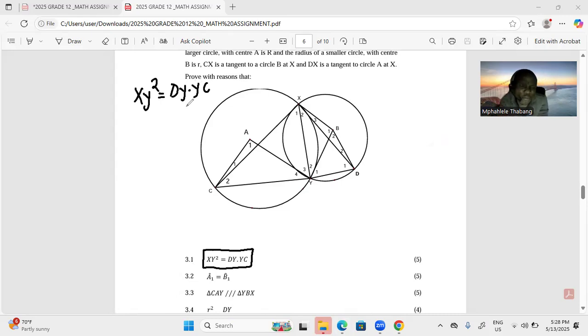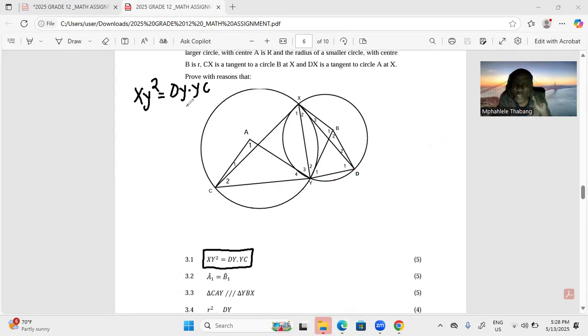This kind of problem appears from similar triangles. I love this 3.1. They did not ask us to prove that the triangles are similar. They just say prove that xy squared equals dy times yc.